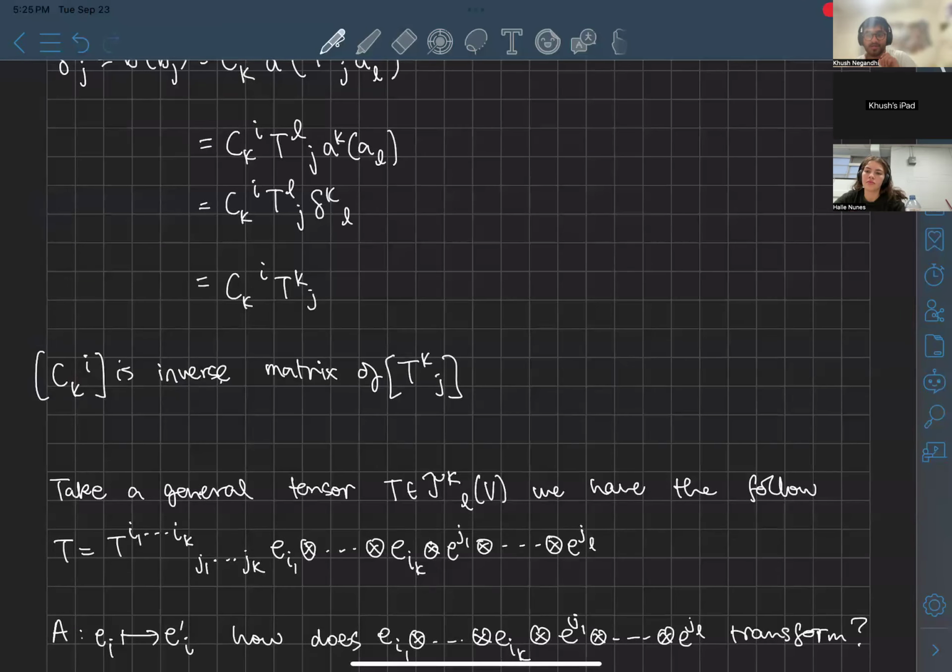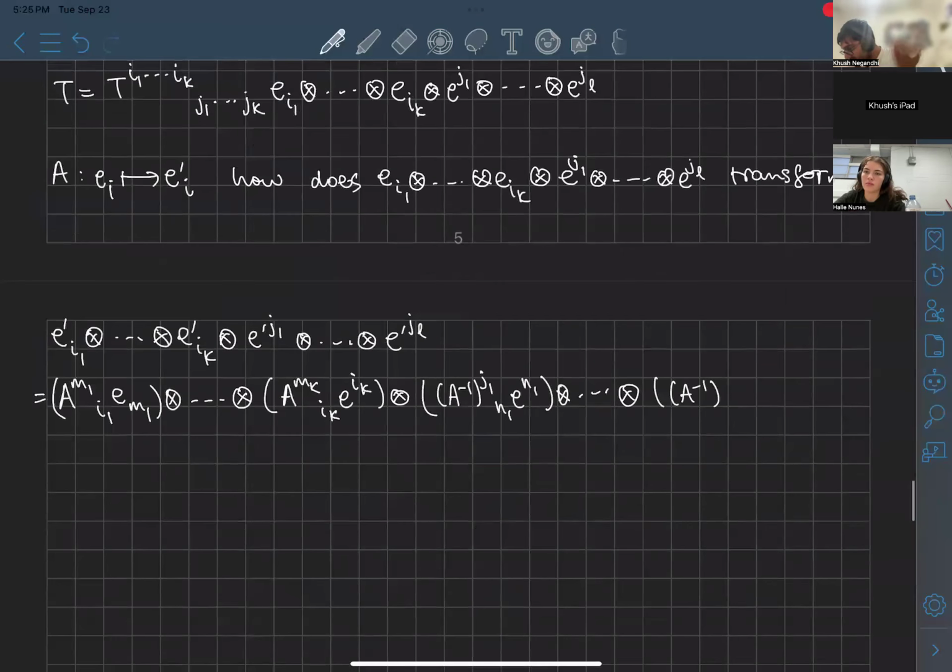We can write the inverse matrix by just swapping the components and putting the up index into a down index, but we don't really need to do that right now. That's just one thing we can do. Now using the multilinearity of the tensors, we can just bring all the factors out front.